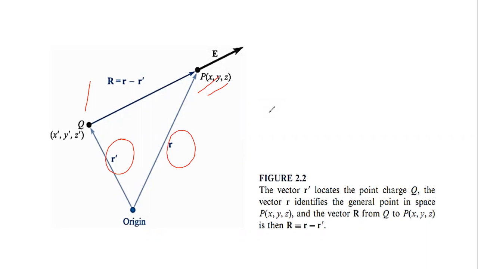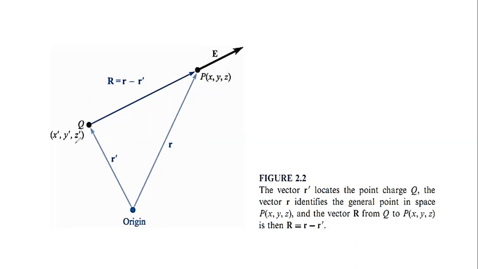Now the position vector of the charge q is r dash, and the distance between it and the point at which we want to find the electric field intensity is R. If we represent this distance in the form of a vector, then R will be equal to r minus r dash. Just like earlier, where I took this distance as r2 and this distance as r1, so R was equal to r2 minus r1. So now R is equal to r minus r dash.